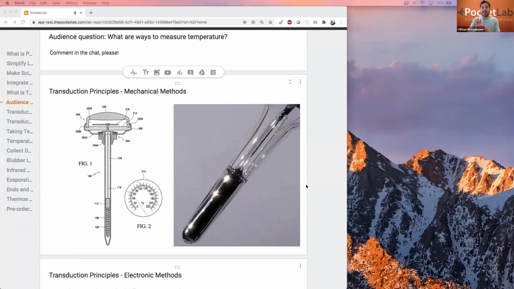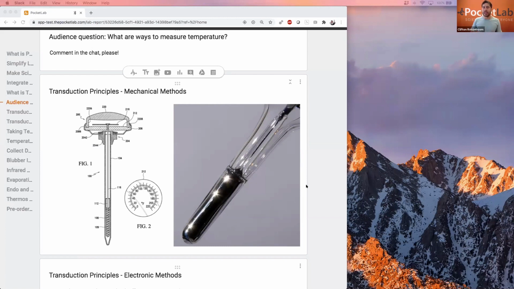As it heats up, the thermal expansion of that wire causes a needle to rotate on a dial, and that's how we read out the temperature. So you design this device, you calibrate it with known temperatures, you mark the dial, and that's how you can tell if your roast has hit a safe temperature to eat.